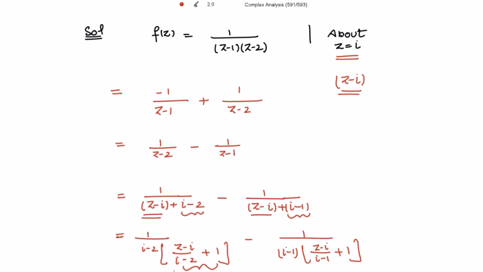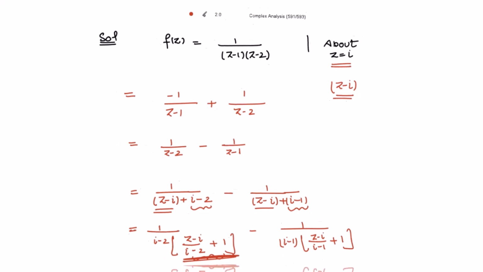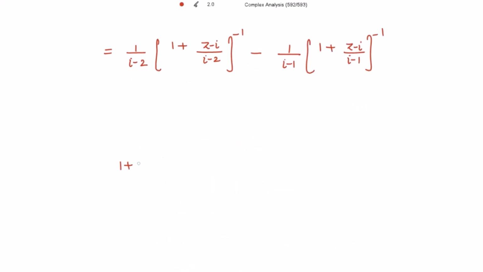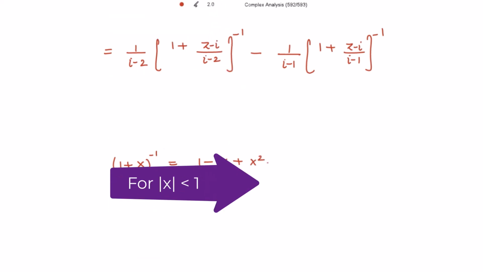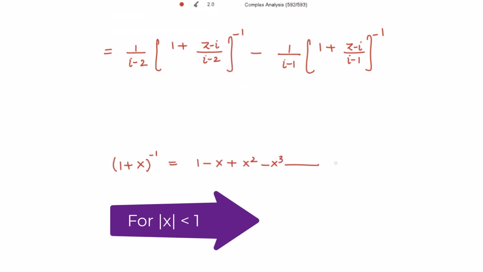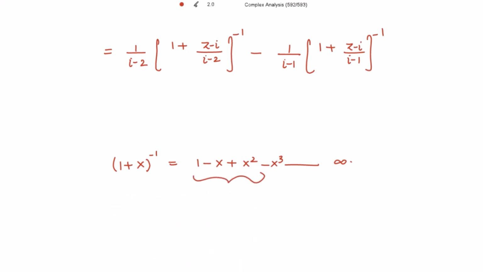Let's take this denominator to the numerator, and because we know that the expansion 1 plus x to the power negative 1 equals 1 minus x, then plus x squared, then negative x cubed, and so on to infinity. The alternate signs, right? So let's apply this formula over here.